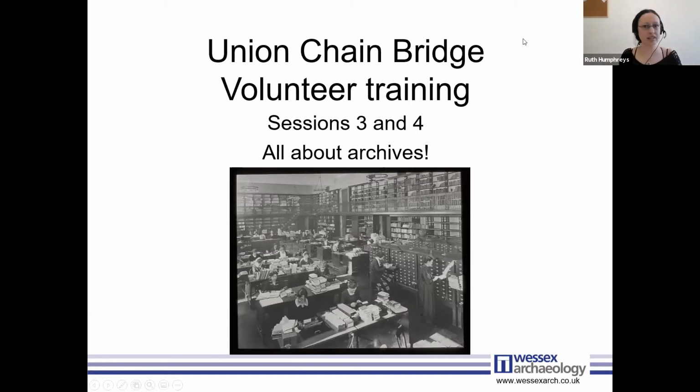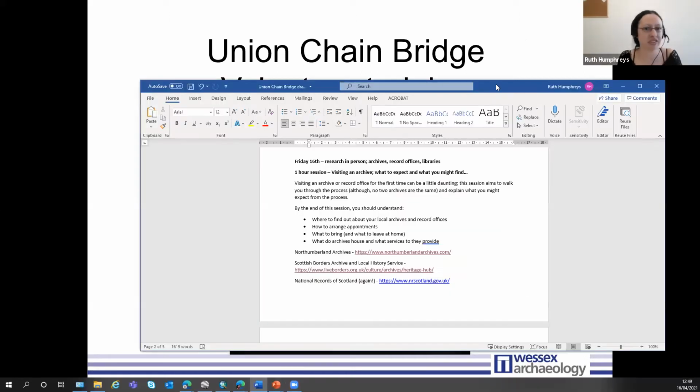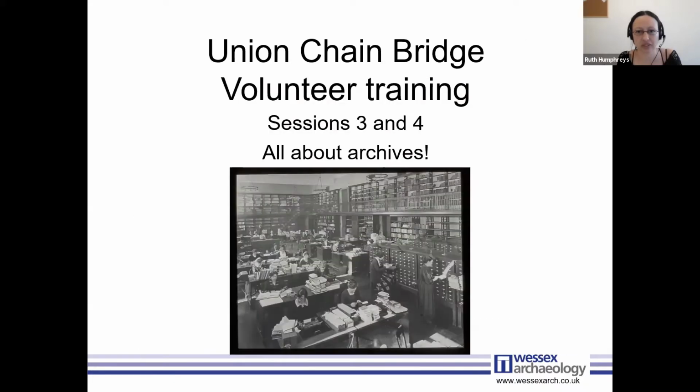Okay, bear with me one second. What today is showing me is that I need three screens. There we go. Can you see my slideshow and not my notes? Yeah, okay, great.